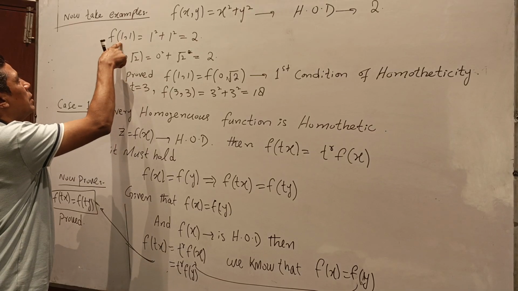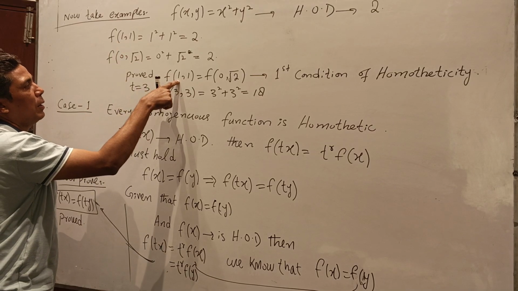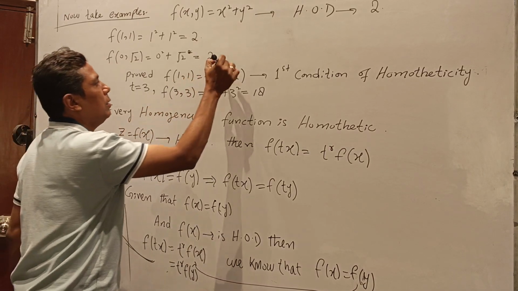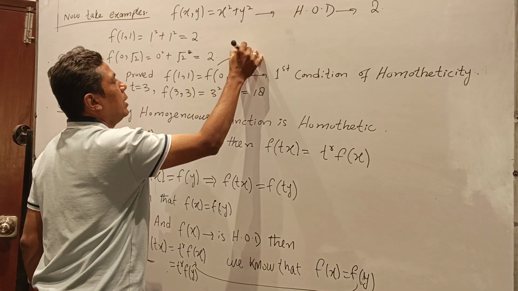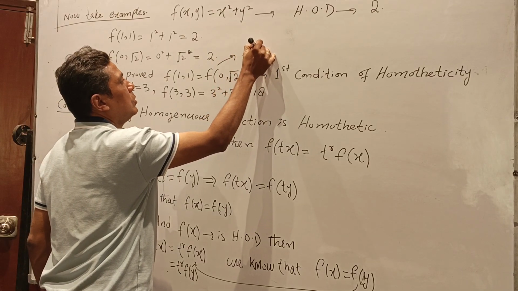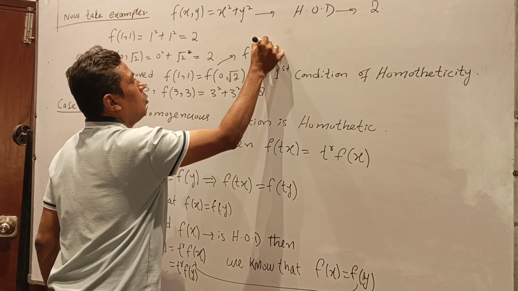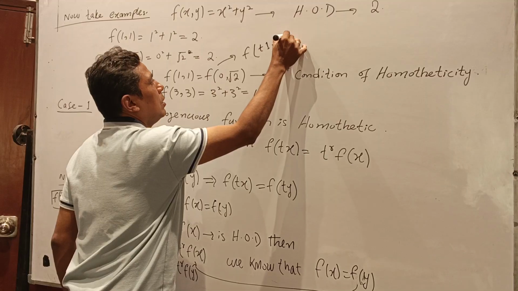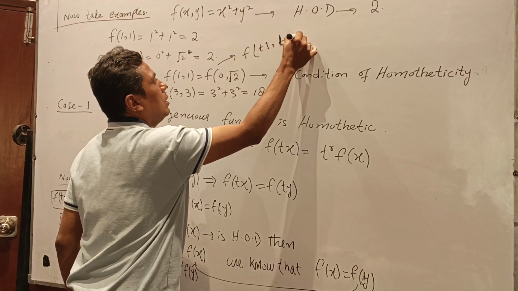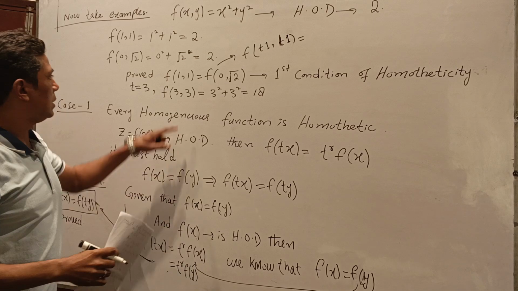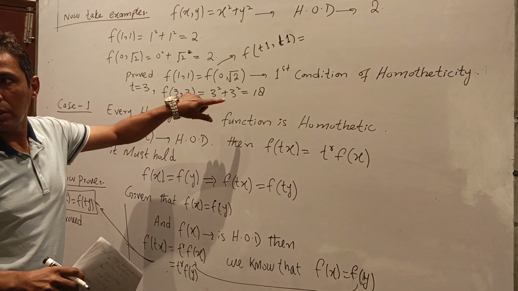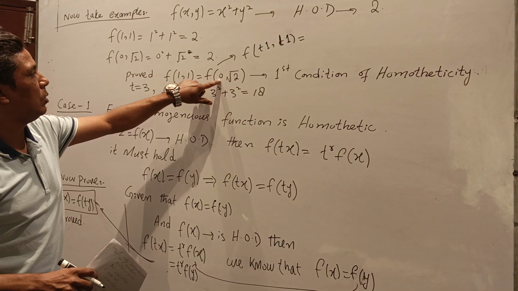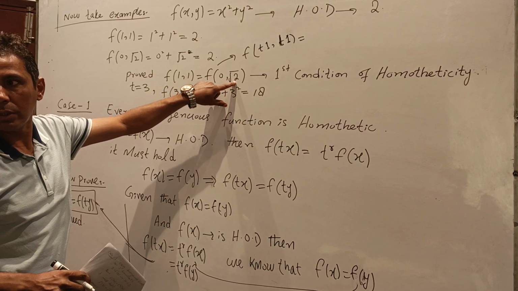Scale with 3, that is, we multiplied by t, multiplied by 3. Okay, this is what we do, so f of t·x1 and t·x2 equals f of 3 and again scaled, so 0 and t times this one.